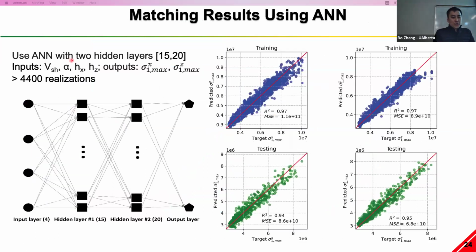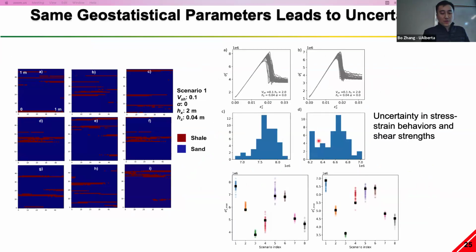So we use an ANN with 2 hidden layers, and those are the inputs. And we can see here the training and testing sets match pretty well. But a problem comes. Even with a single combination of geostatistical parameters, we will still have different variability of those shale beddings.